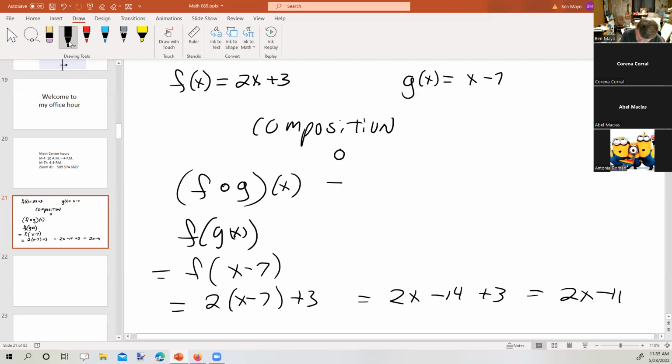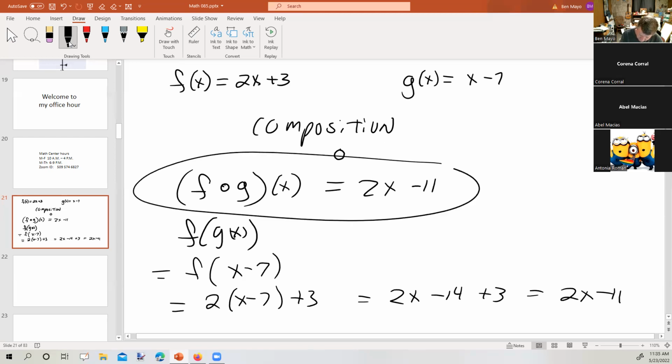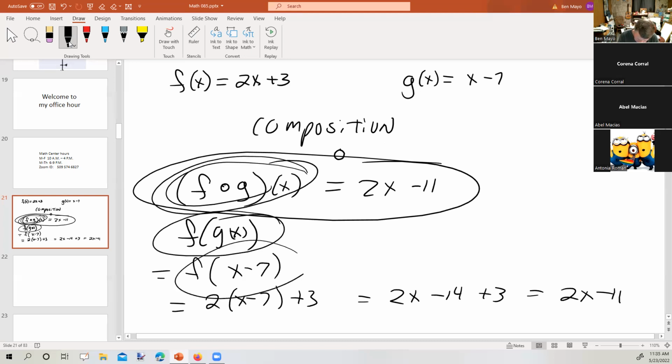So f composed with g of x equals 2x minus 11. Now, what we're doing isn't difficult. It really isn't anything new, but it's doing things in the correct order, knowing what this means, that this means to do this, which means to do this, et cetera, et cetera.